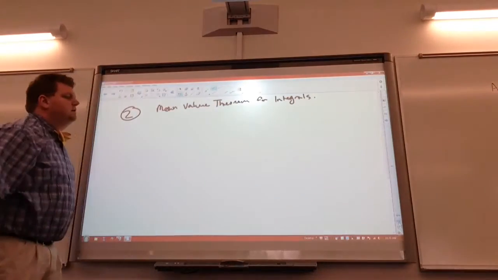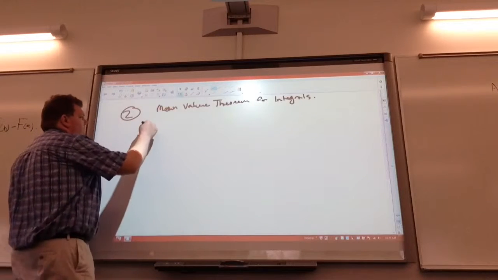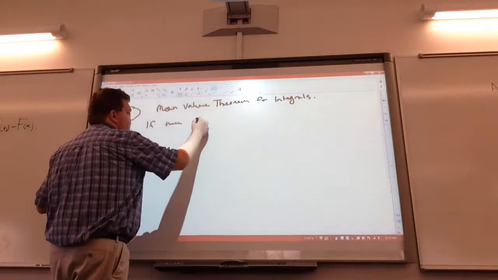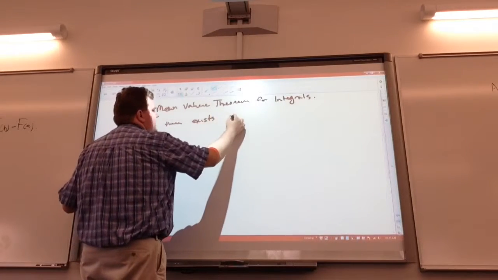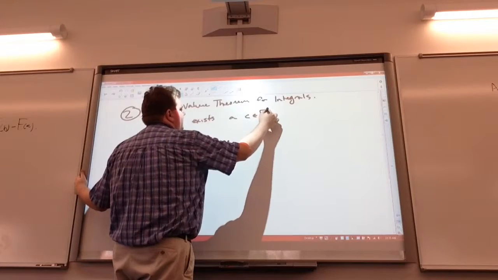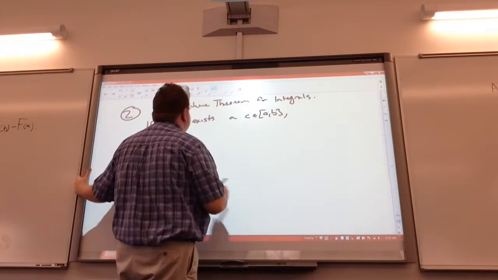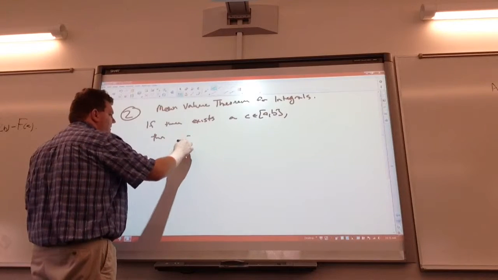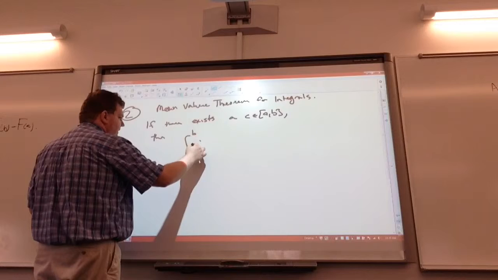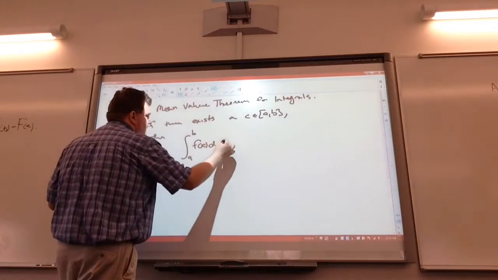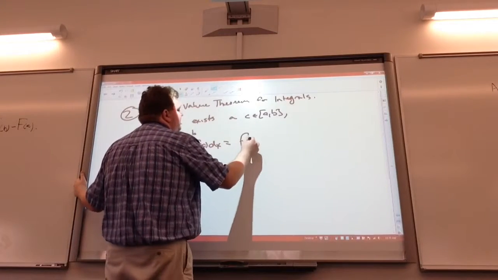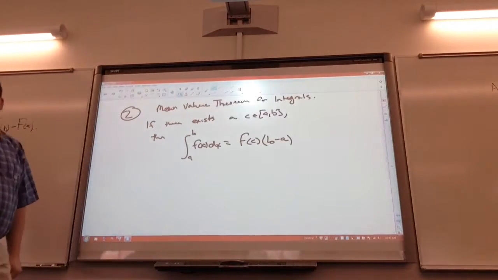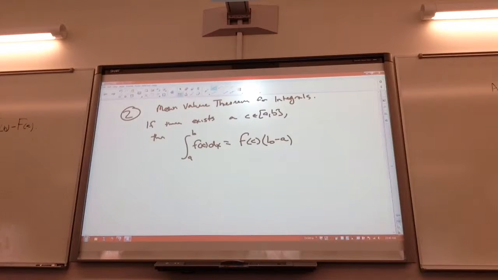Basically what this is saying is that there exists a c on the interval from a to b such that the integral from a to b of f of x dx is equal to f of c times the difference b minus a.